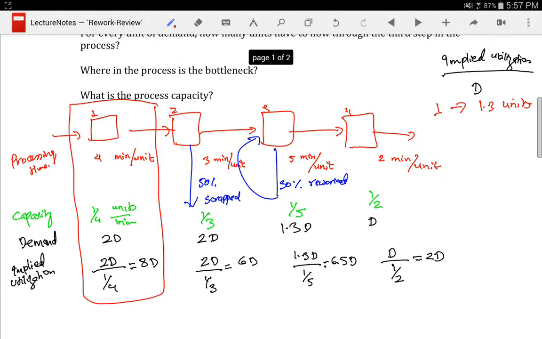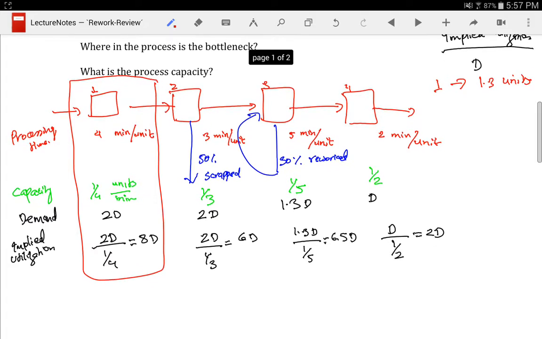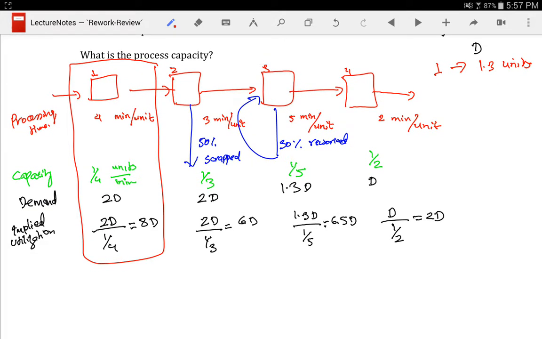Now that is a little tricky. As we know, the process capacity is going to come from the bottleneck. In this case, the bottleneck we know is step 1. But the answer is not so obvious. If there was no rework and scrap, we would have said the bottleneck's capacity is 1/4 units per minute, so the capacity of the process is 1/4 units per minute.